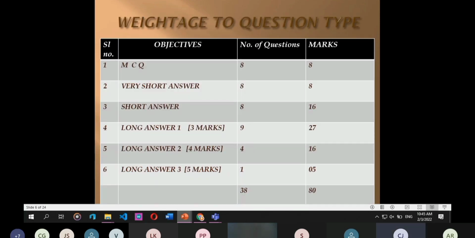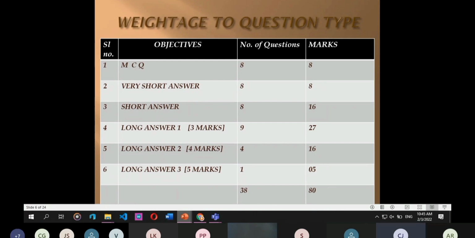The next is weightage given to question type, which is very important, where we have to focus for the learners. The first objective in the question paper is MCQ, multiple choice questions.